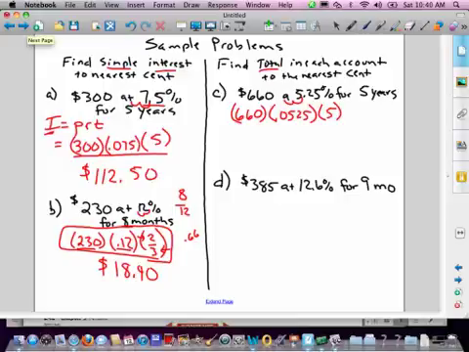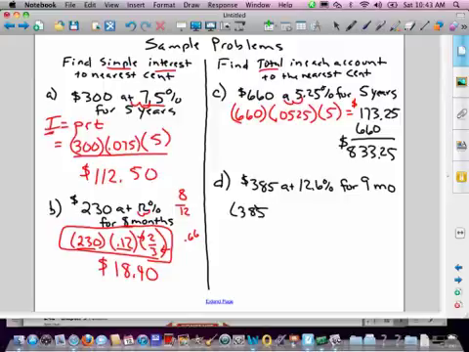And if I calculate that out, the amount of interest, not the interest rate, the interest is $173.25. And so with that, then we need to add in our original, and we end up with $833.25.